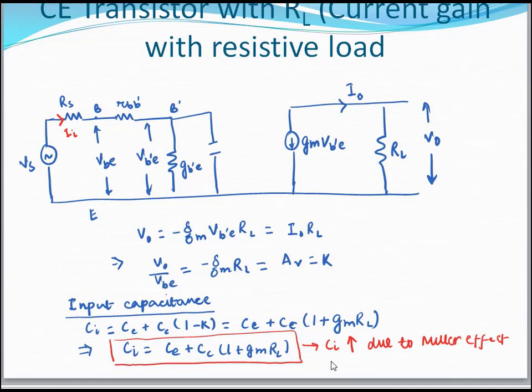And this is a very high value. So Ci is very high value due to Miller effect. So we can write here this capacitance is Cc 1 plus Gm RL.